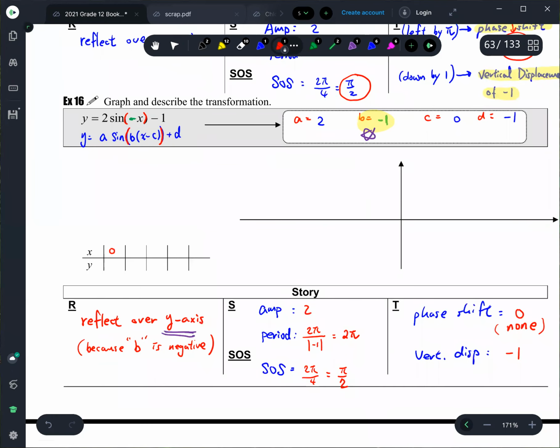There's no phase shift. And then it'd be pi over 2, and then 2 pi over 2. What's 2 pi over 2? Can you simplify it? Just pi.